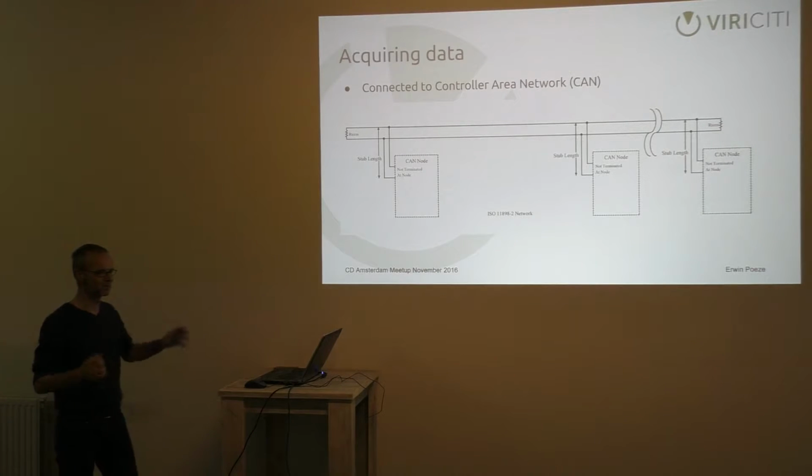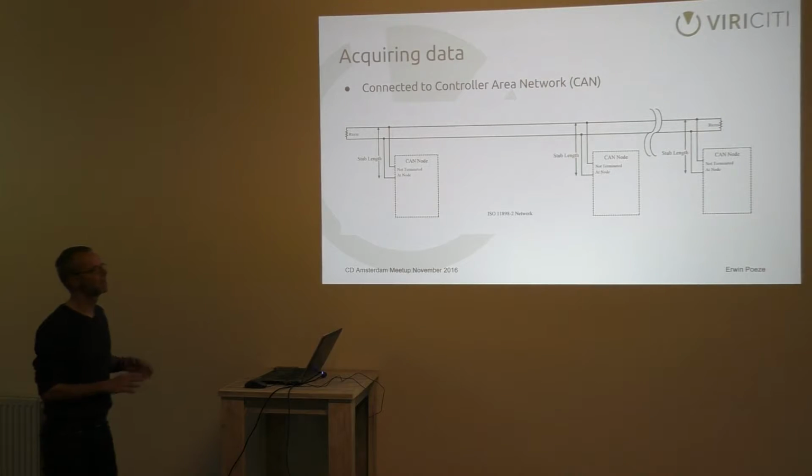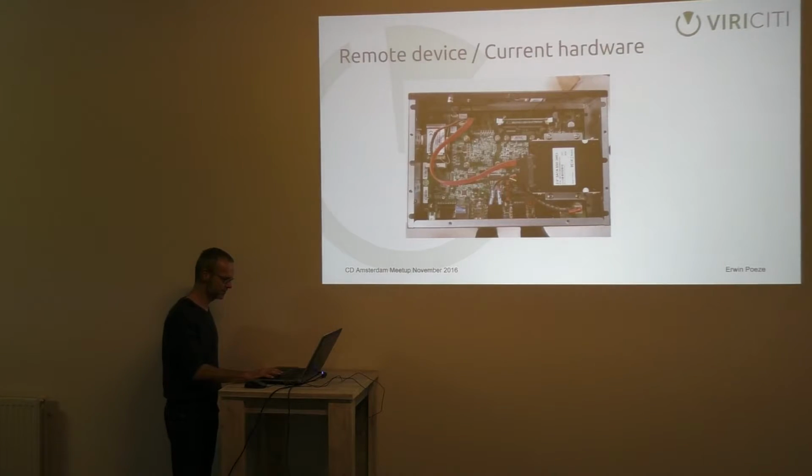All those things are put onto the CAN bus, and our device is also on that same bus, and it extracts that data from the bus, and then we can send it in the next phase.